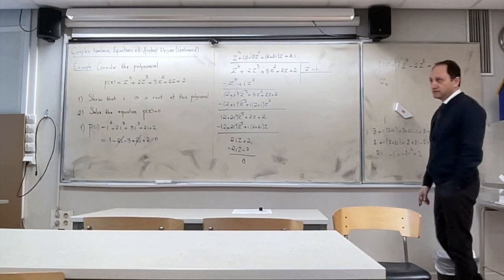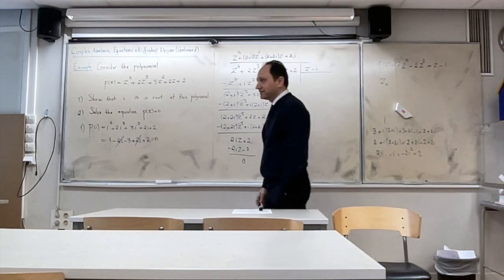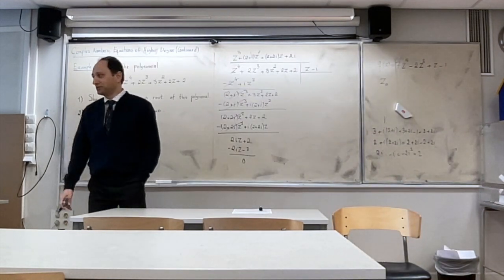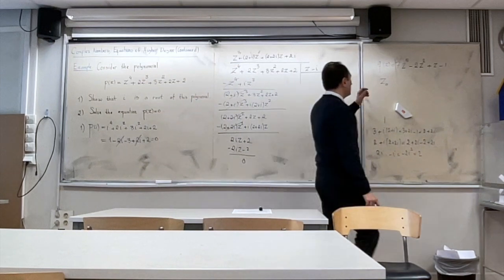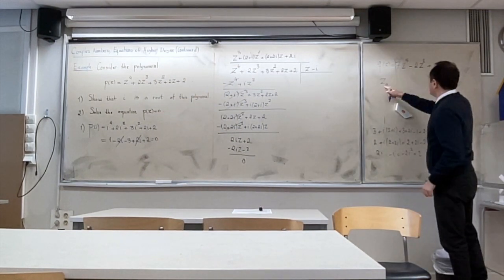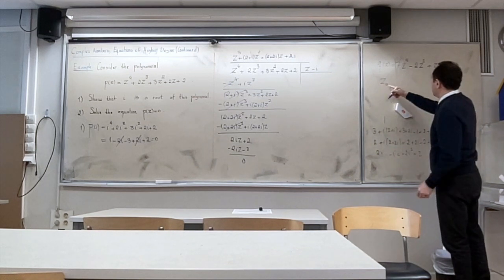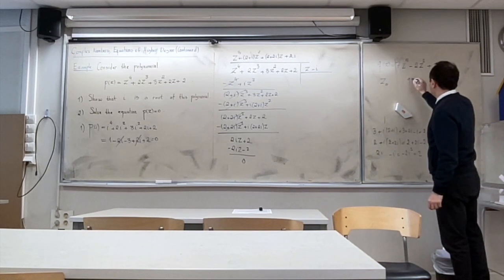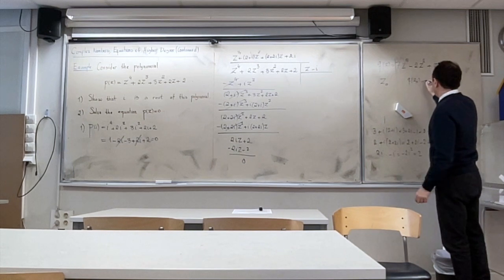Any ideas? Yes? Negative. What? Negative. No, negative does not work. We can check. So, for example, when you say z naught is the root, it means Q of z naught is 0. Yes, this is what you know.